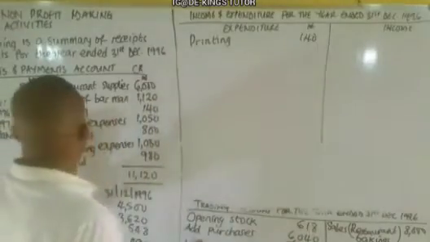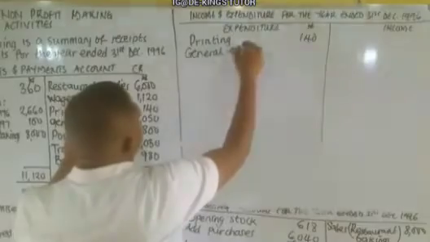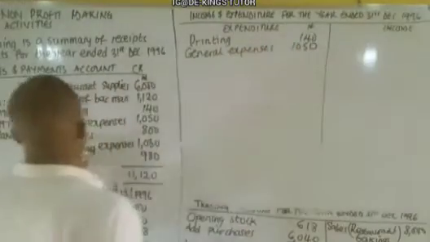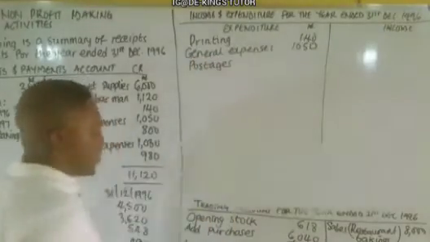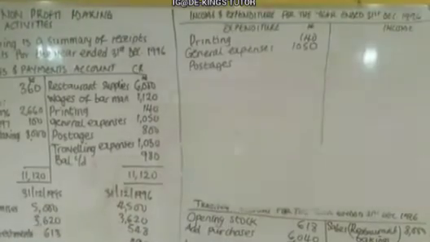Okay. So the next one, general expenses. Any adjustment? No. That's 1050. The next one, postage. Any adjustment? Yes, we did adjustment. I asked you to take it down. So let me check the postage adjustment.